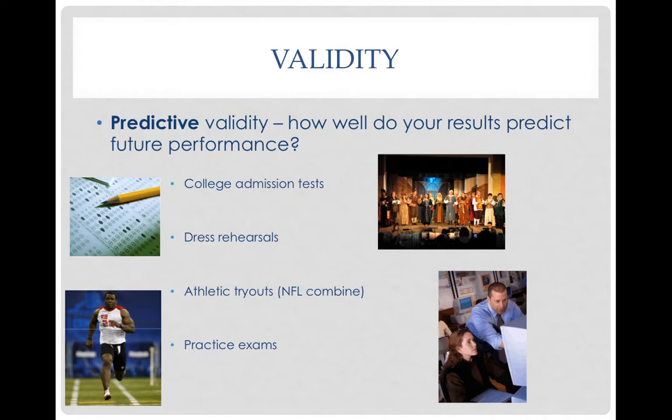You have athletic tryouts, you have practice exams in your class, you will have homeworks, right? And the idea is that if somebody is doing well on all these homework activities or in-class exercises or practice exams that you've set up to get people comfortable or to move them towards your ultimate learning objectives, they should do well on the test.